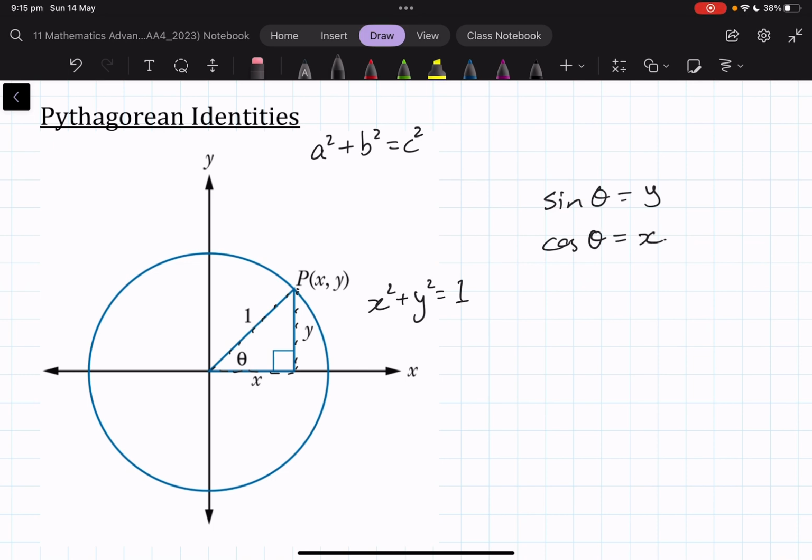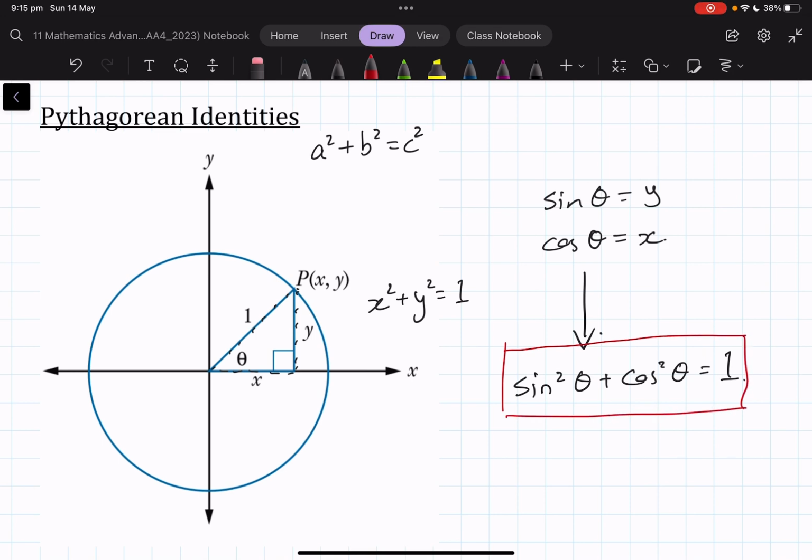This gives us this absolutely fundamental relationship of sine squared theta plus cos squared theta equals 1. Now, it doesn't have to be theta. It could be any variable, x, y, z, t, whatever. This is fundamentally important.